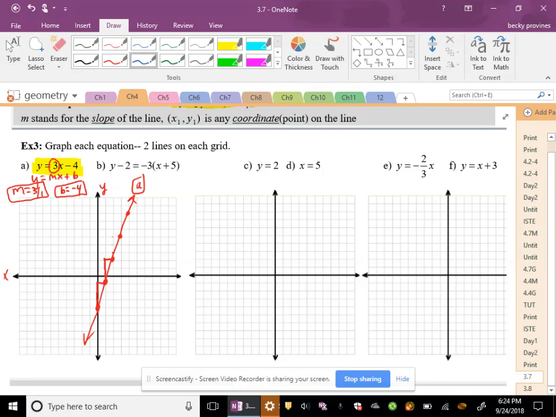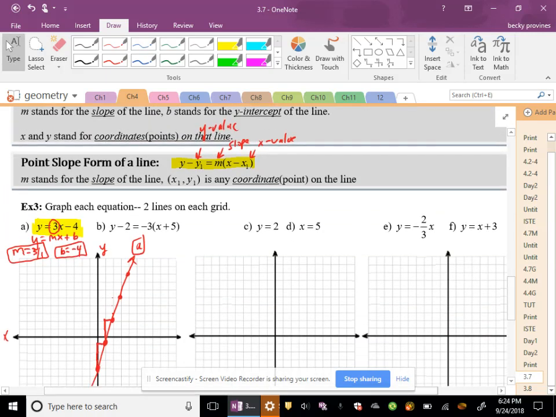Now on letter B, notice it looks similar to point slope form. So this is y minus y1 equals m, which is your slope, x minus x1. So you need to find your starting point. Pay attention, guys, this is a little bit tricky.